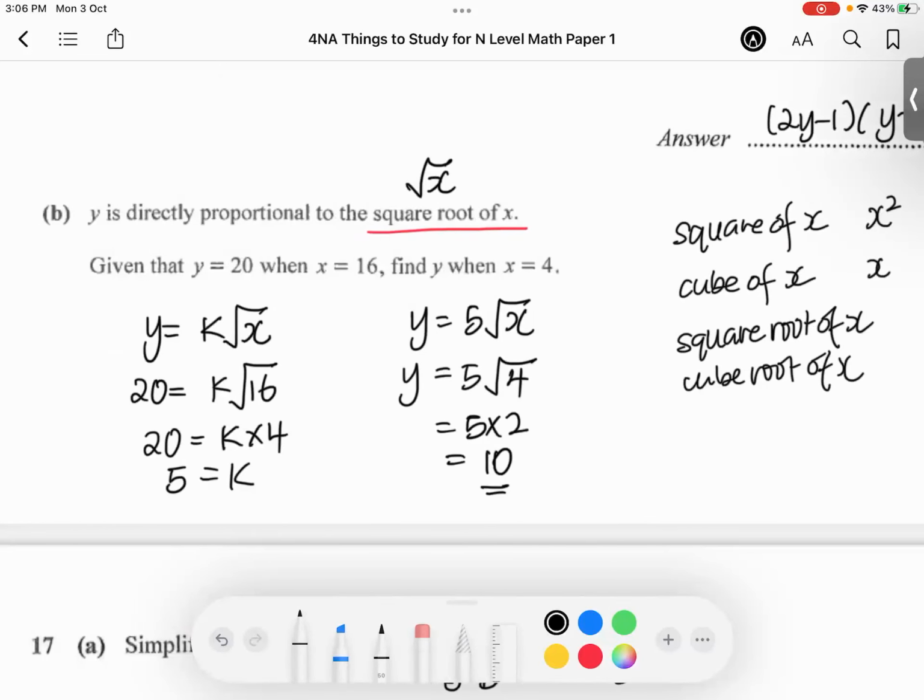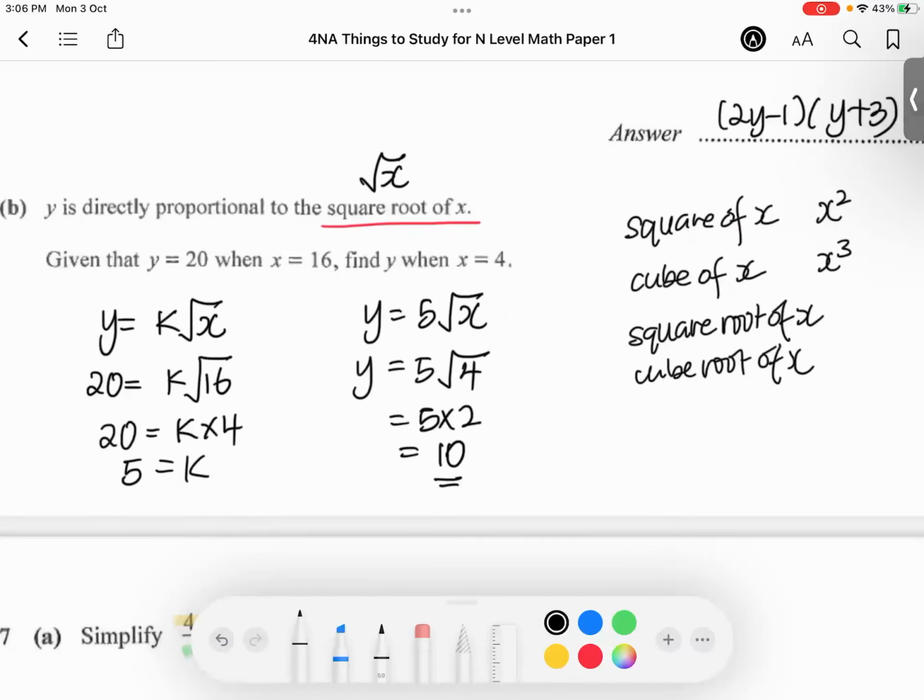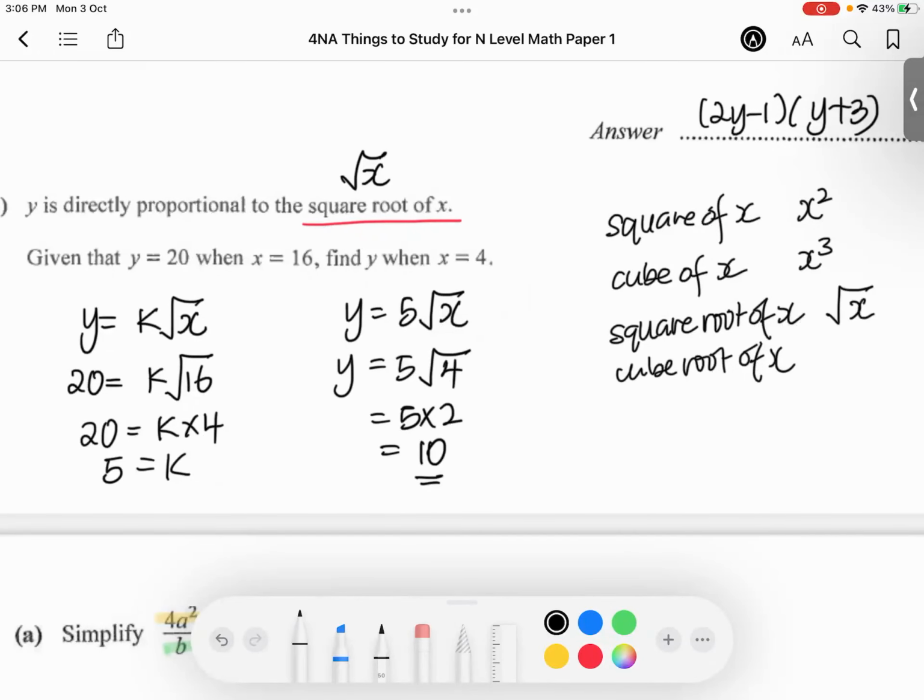Cube of x, x cubed. Square root of x, square root x. Cube root of x, cube root x. Don't laugh at me repeating this, because when I marked the exam paper, so many of you mistook the square root of x to be x squared. Many. And then some of you wrote the x squared as square root. I also don't know.